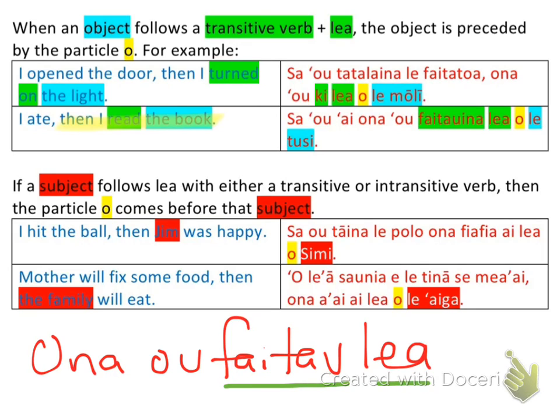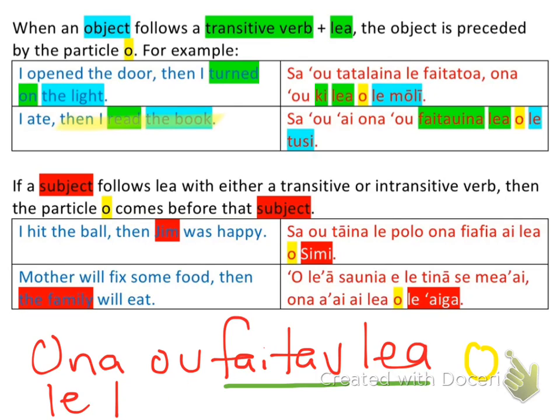But then what goes next is my particle o. So I'll have a particle o right there. And let me get the right color. So that will be this. Okay. And then I'll just say the object, o le tusi. And I'll get back to my normal color. And that will be le tusi. And I'm going to write that over. So sorry for the small space, but all right. So ona o phi tau lea o le tusi.